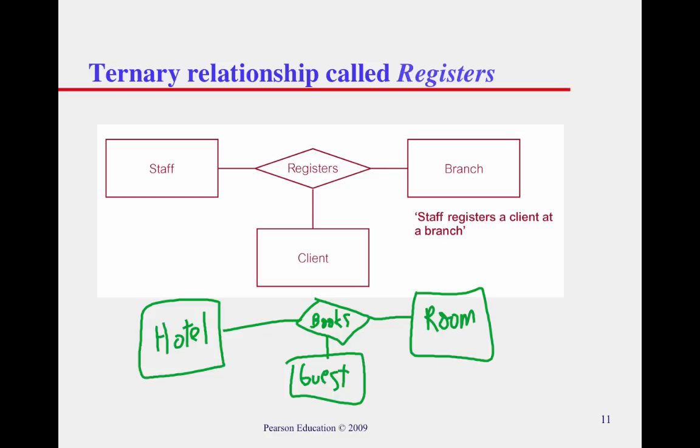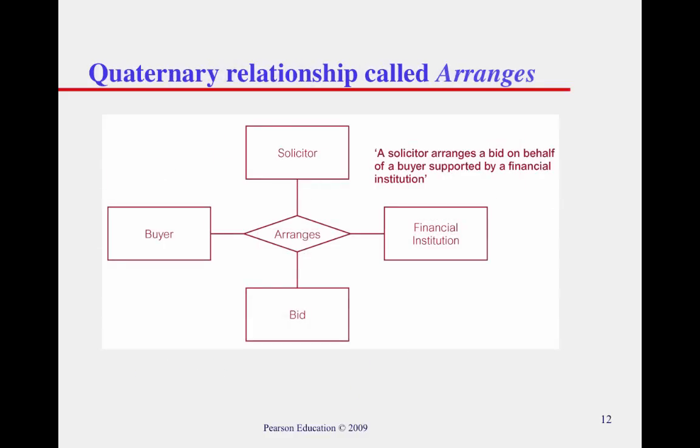Okay? Another example would be a staff and a client, or a staff leases a property to a client, and that also at least involves an owner. That's actually a quaternary relationship. So next slide.